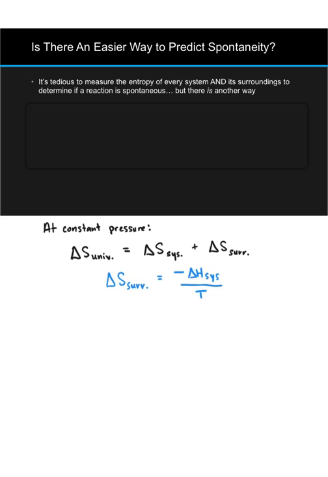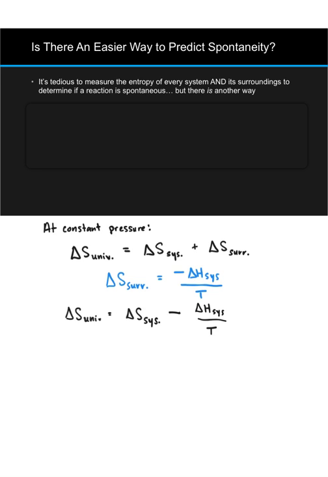This means that we can plug in this expression wherever we see delta S of surroundings above. So the change in entropy of the universe is equal to change in system's or reaction's entropy minus delta H of our system divided by temperature.